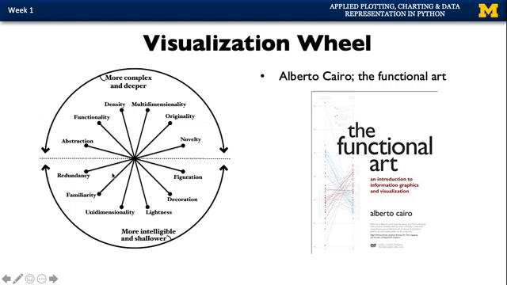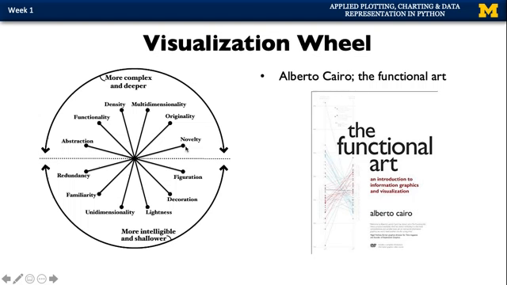Similarly, originality and familiarity. Originality means that you use new concepts that are not used before, which will be difficult for people to understand. But if you are using familiar pictures, then it's easy for people to understand. Novelty and redundancy.